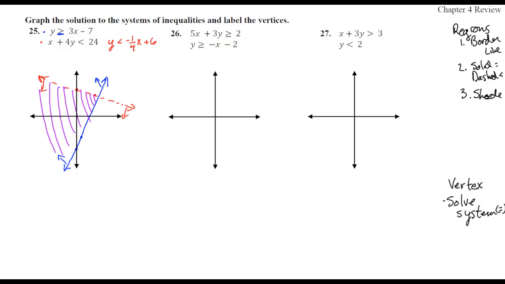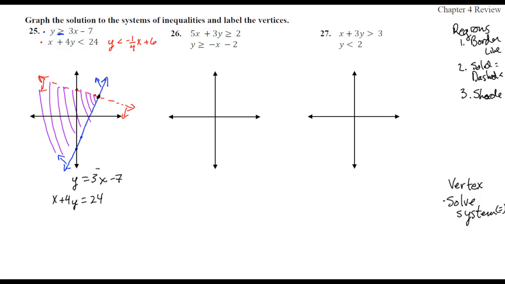So the vertex, which is this corner point right here, we're going to solve the system where y equals 3x minus 7 and x plus 4y equals 24. Notice we're using the equals because we were finding that corner where the two lines intersect. So this looks like it's set up for a good substitution.